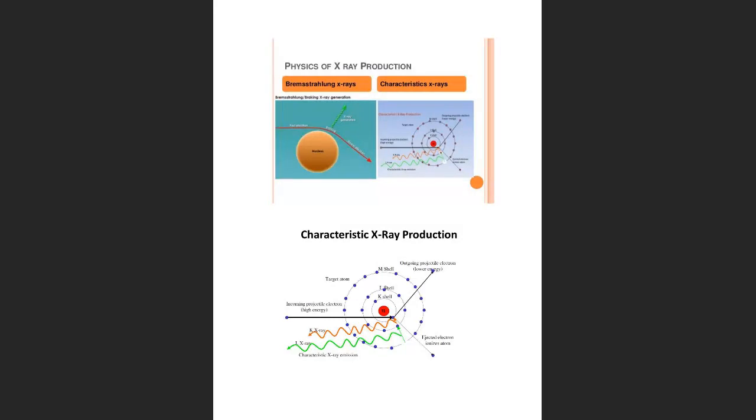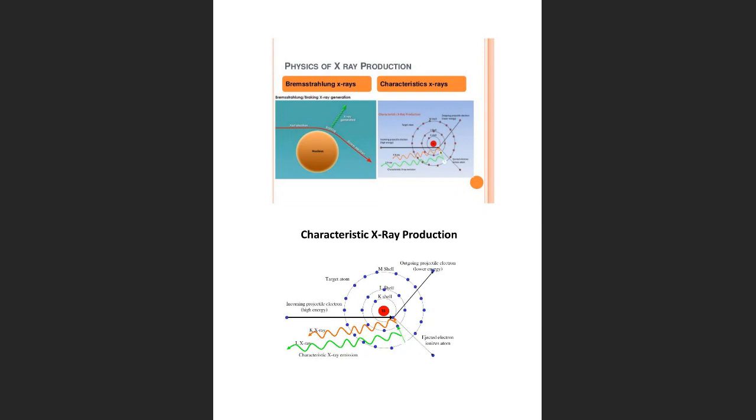So if it comes in close enough to the nucleus, then it's going to slow down more significantly, and it will produce a higher energy X-ray photon. Whereas if it's just slightly attracted to the nucleus, then it will give off a low energy X-ray photon. And again, that X-ray photon is the difference between that projectile electron's incoming and exiting energy.